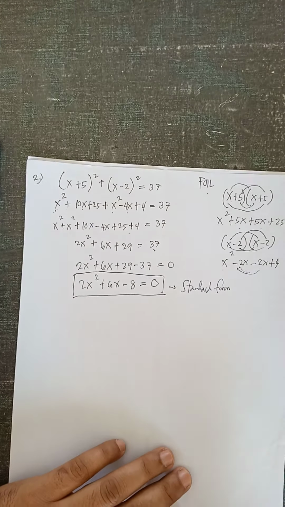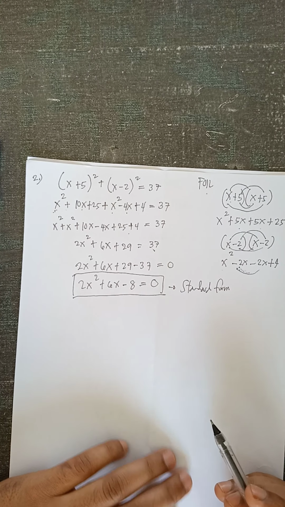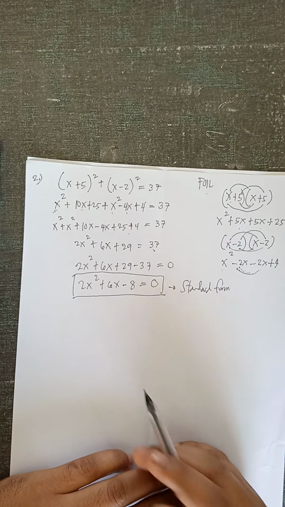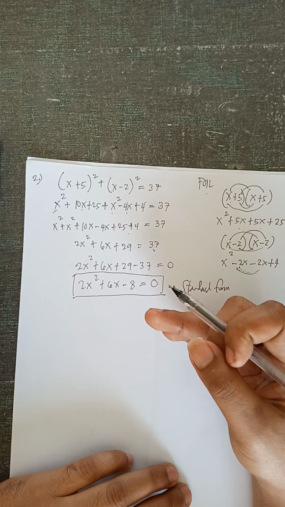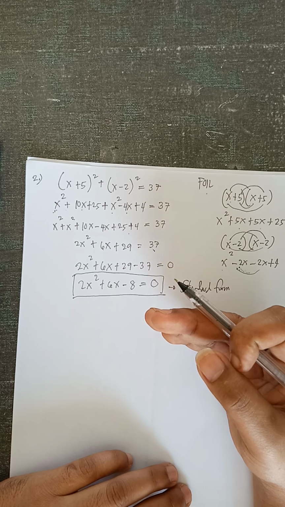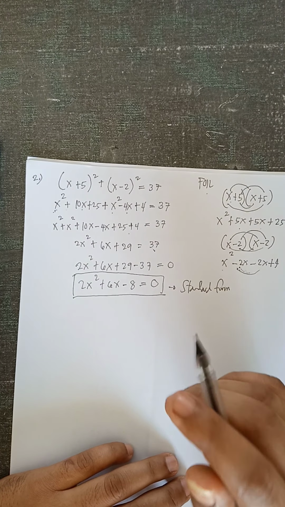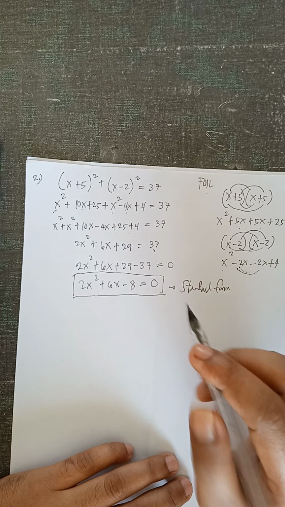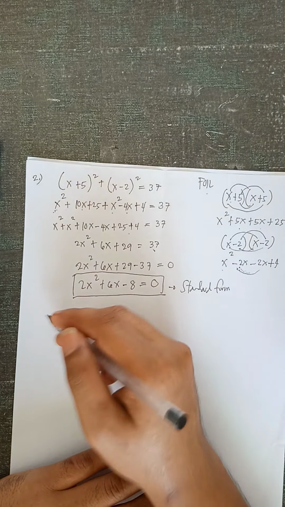Again, there are 4 ways to get the values of x of a quadratic equation. The first is extracting the roots. Second is factoring. Third is completing the square. And the fourth is using the quadratic formula. So this time, we will use the quadratic formula.